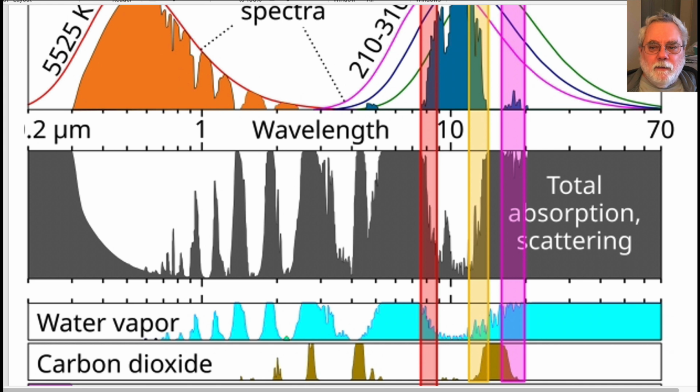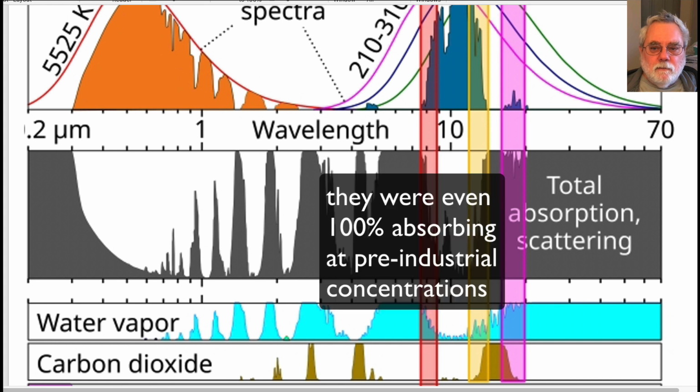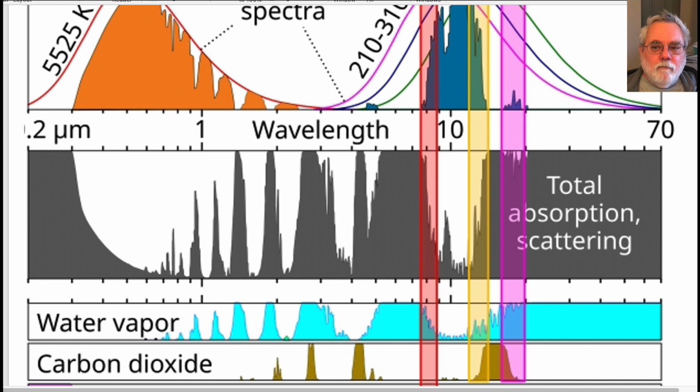Continued emission of carbon dioxide will increase greenhouse warming, even though parts of the bands are already 100% absorbing. The incremental forcing and temperature increase due to additional carbon dioxide emissions decreases as concentration increases, as with a logarithmic curve.